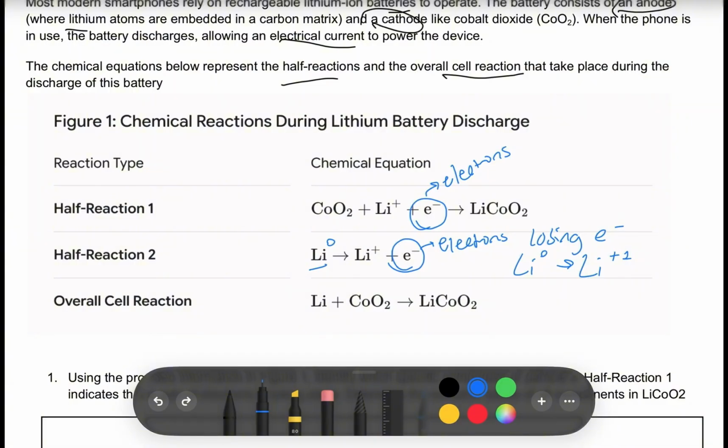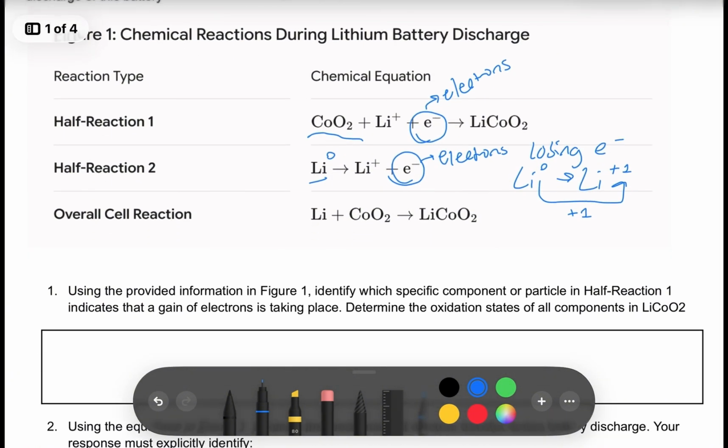So we can see that 0 to +1, we're adding 1. So we're gaining positivity. Therefore, we lost negativity. Now, in half reaction 1, we can see that the electron is in the reactants. So we're gaining electrons. In this case, CoO2, or cobalt dioxide, gains electrons. So now let's look at the problem.